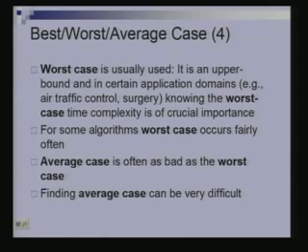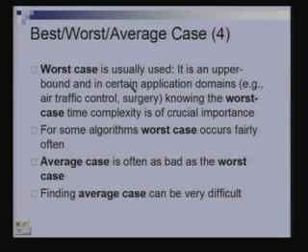So which of these is of interest to us, or which of these is easiest to work with? Worst case is the one that we will use most often, and for the purposes of this course, that's the only measure we will be working with. Why is that? First, it provides an upper bound. It tells you how long your algorithm is going to take in the worst case. Second, for many algorithms, it occurs fairly often.